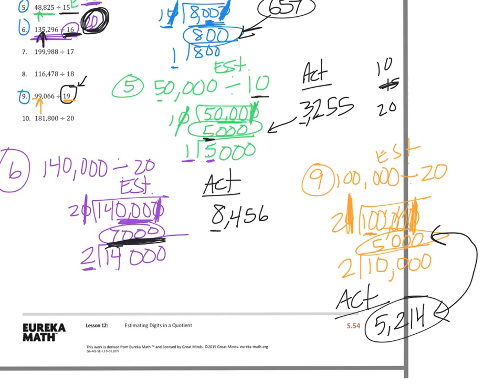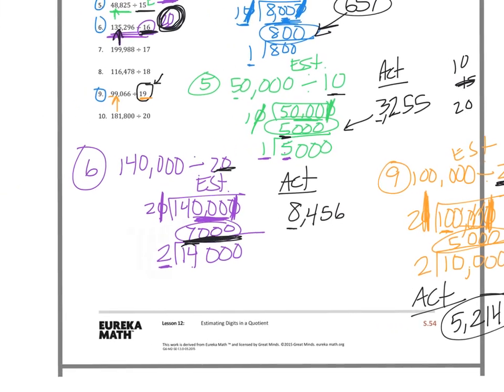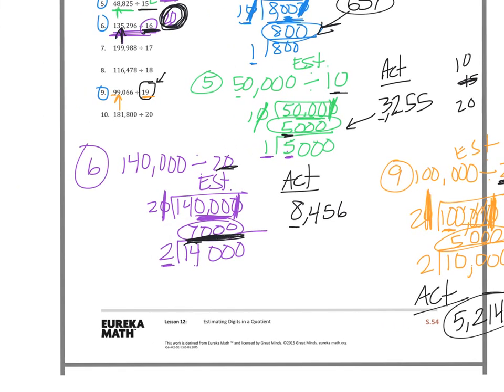They're very close because the divisor is very close to a multiple of 10. So the quotient is going to be very close to the estimate. So as our divisor gets closer to these multiples of 10, our estimate and our actual answer will be closer. So I hope this helps. Thanks for watching, and good luck on the rest of your problem set.